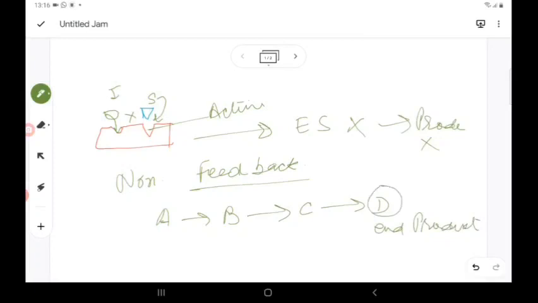Whenever there is a bulk quantity of end product, it will inhibit the reaction by feedback. It will inhibit the enzymes present in the beginning, so it will stop the first reaction, and thus the end product will automatically stop. So this is known as feedback inhibition.